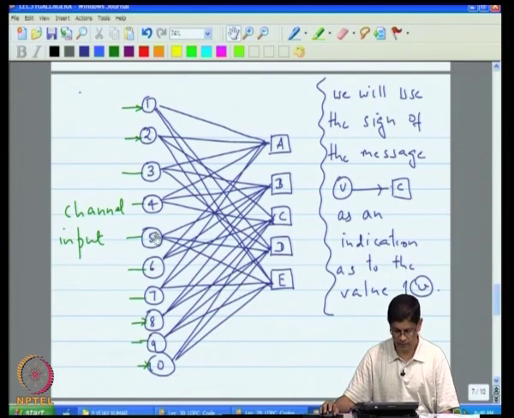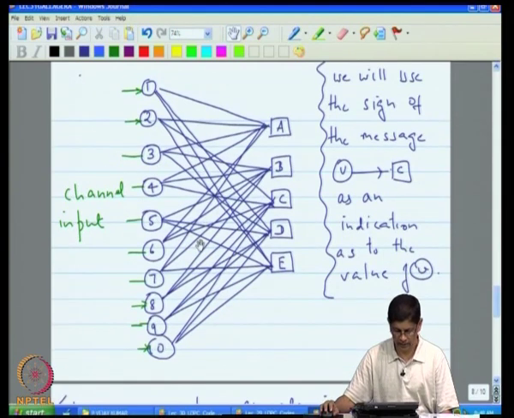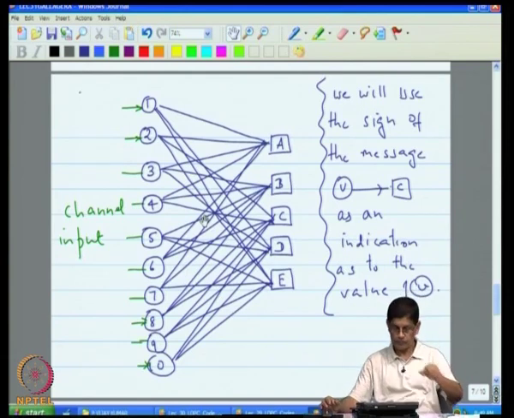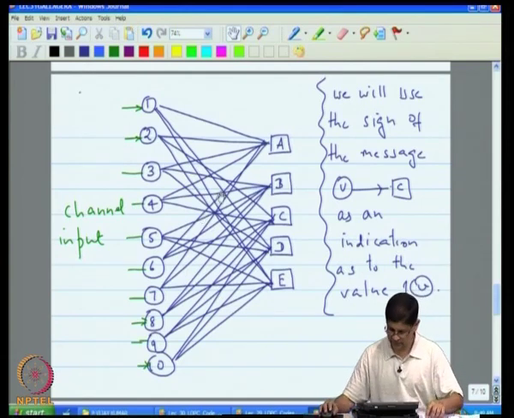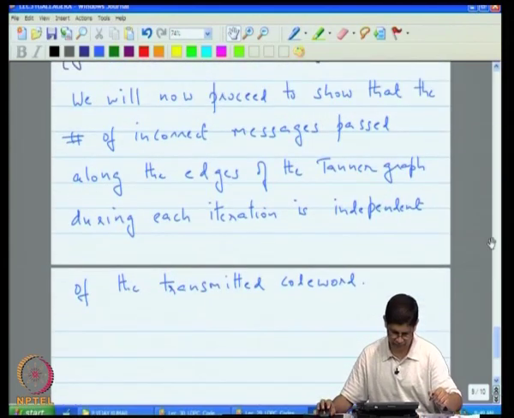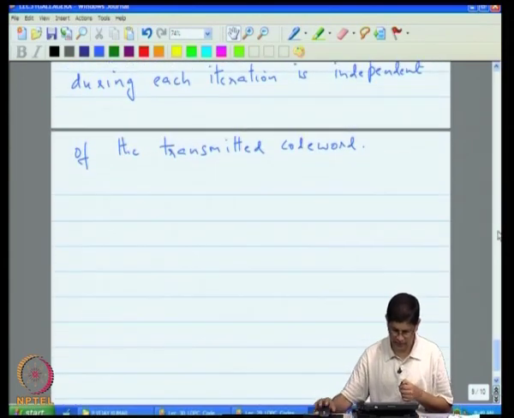So, this keeps continuing with the net effect that the sign of any message passed does not depend upon what the actual code word was, it remains the same. Let us just put that down, and if time permits I might come back and explain that a little better.